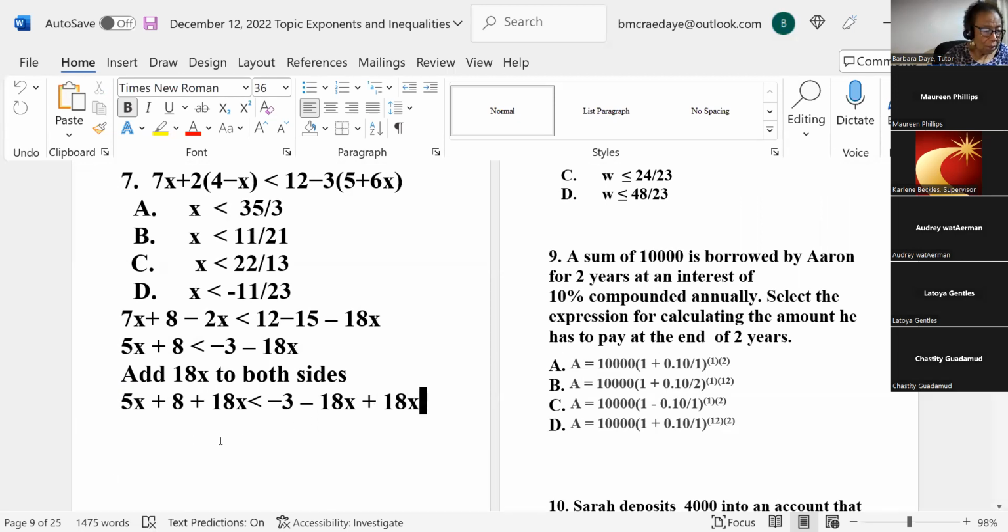So, Maureen, back to you. What do I get on the left side? What's 5x plus 18x? 23x, right? So I still have my plus 8.